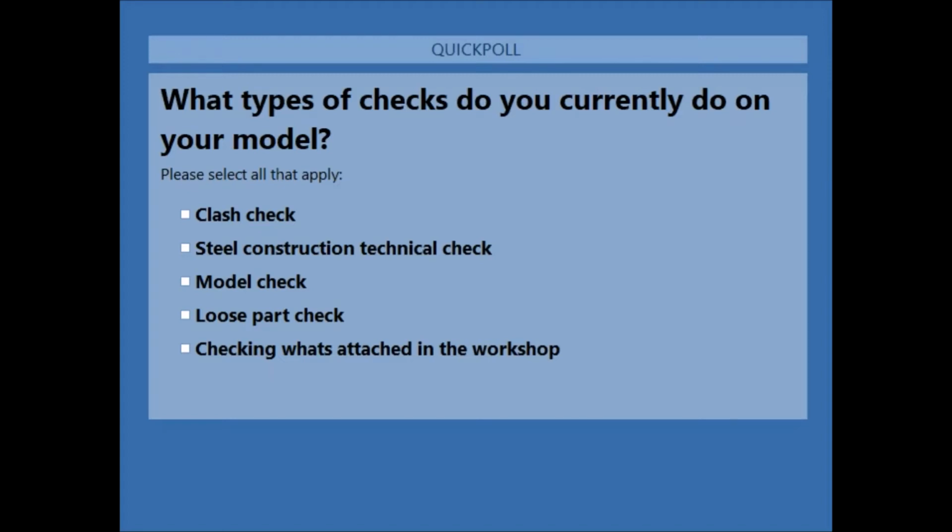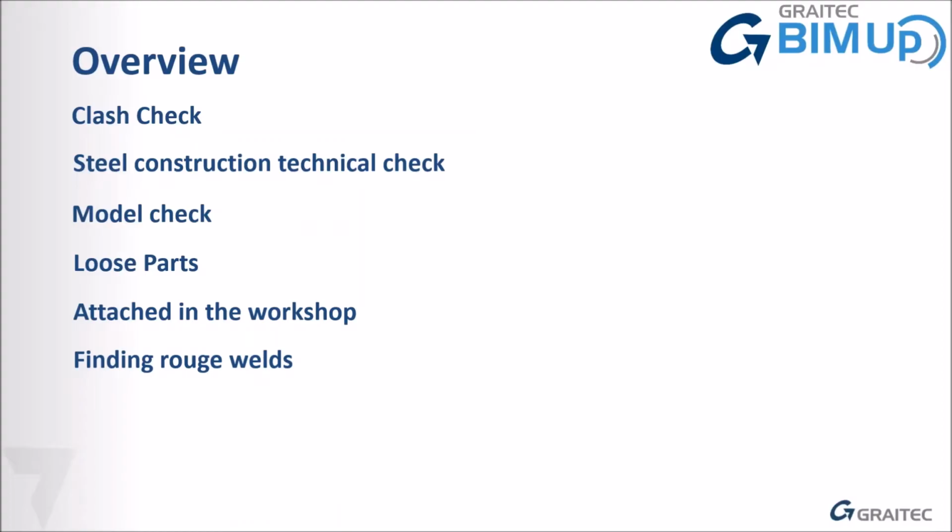Okay, so up to 85, nearly everyone has answered. 70% of you use a clash check, 60% of you use model check, but then only 30% of you use the steel construction technical check, the loose part check, and checking what's attached in the workshop. So hopefully what I'll show you today will help you in the future.